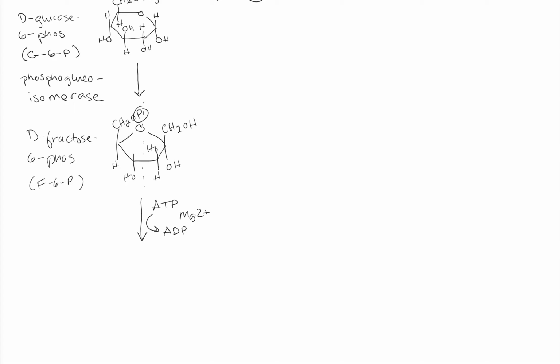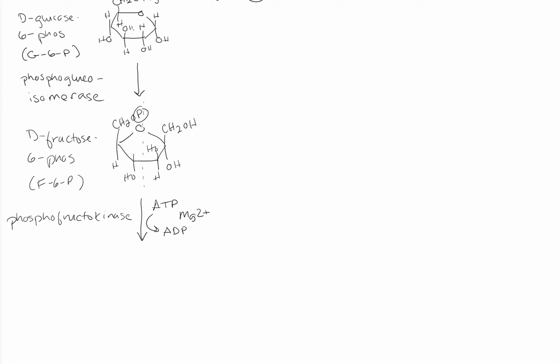And this is going to be using phosphofructokinase as an enzyme. Whereas before we had enzymes titled for actions on glucose, now we have a fructose. So this is phosphofructokinase, and just like the title says, we're going to be phosphorylating.